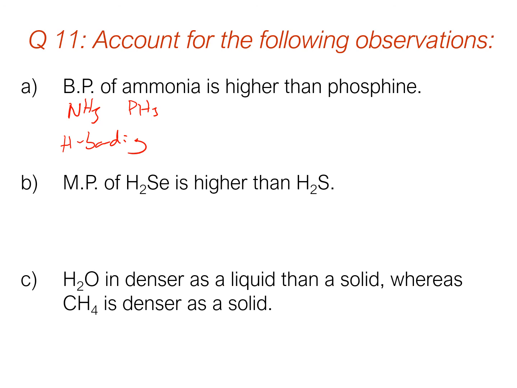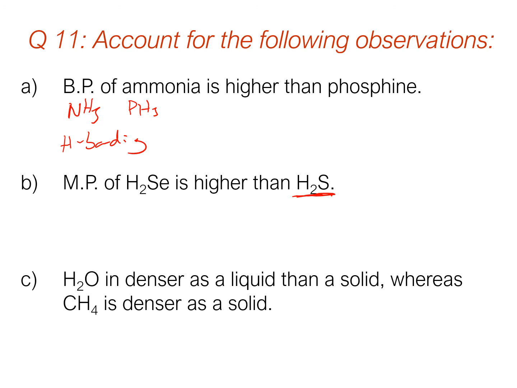The second one, we're looking at the melting point of selenium hydride, and that is higher than that of the sulfur hydride. And as in the question before it, selenium is one below sulfur in the periodic table. And the reason that the melting point in this case is higher is that hydrogen bonding doesn't really play such a role in H2S. As we looked at in the last question, the electronegativity difference isn't that big, so hydrogen bonding isn't too strong.